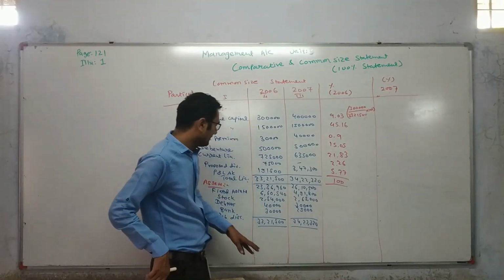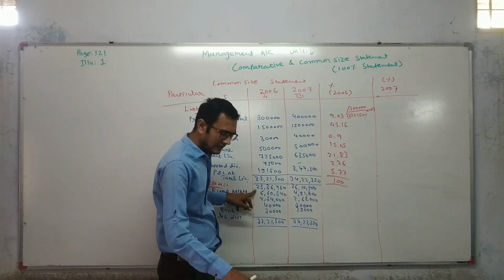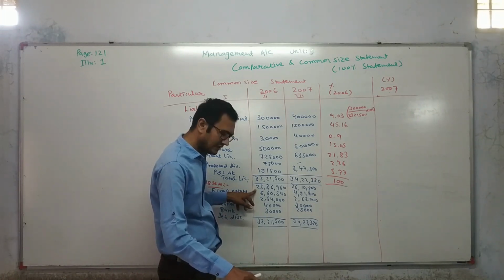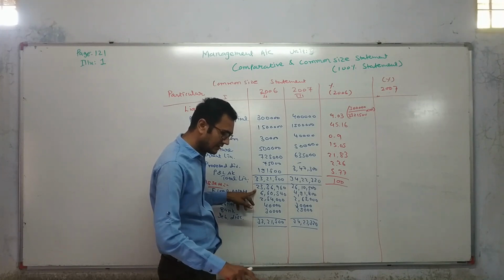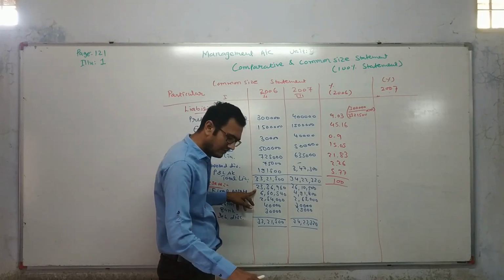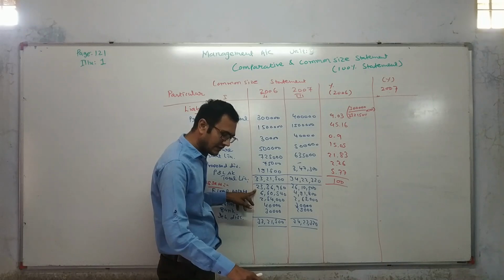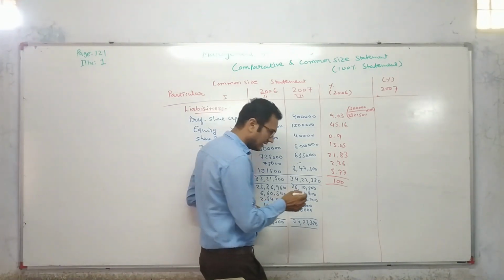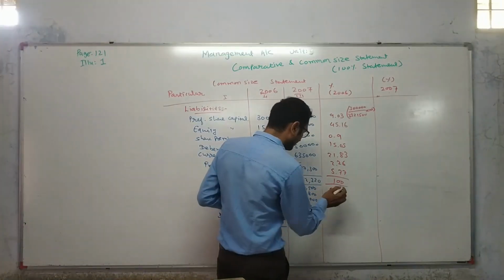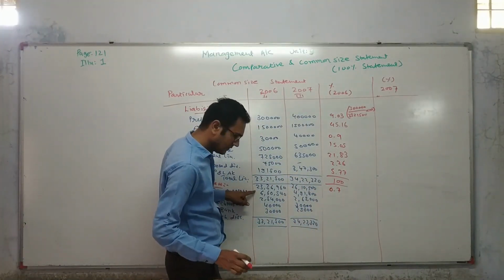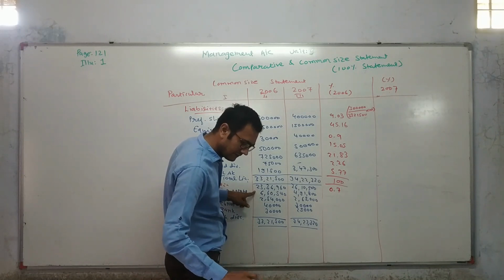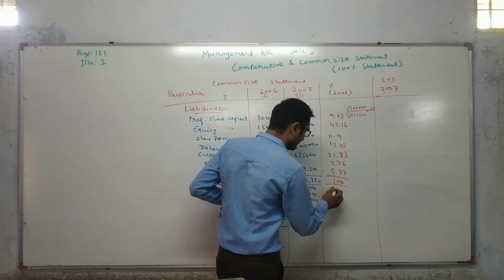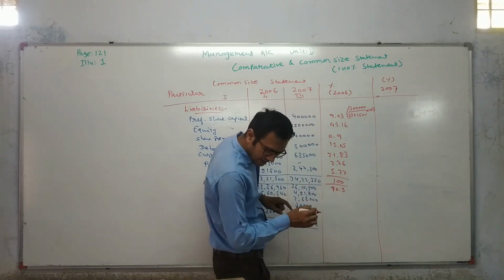Now for the asset, same process to be followed. 23,36,960 divided by 33,21,500. So it is 0.7. Sorry, 70%. 70.36%.